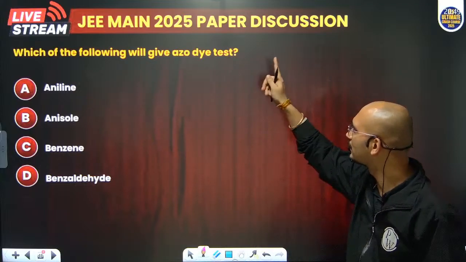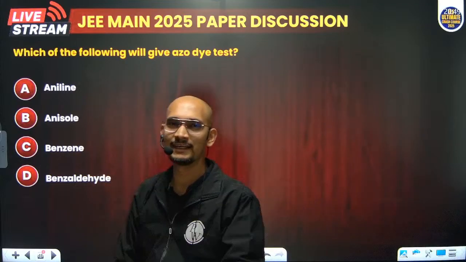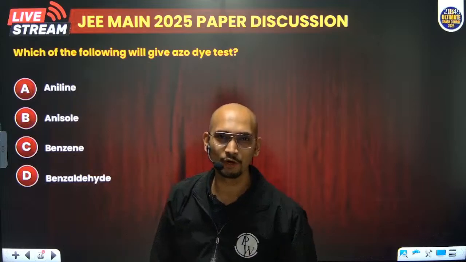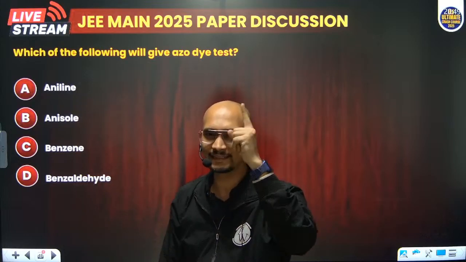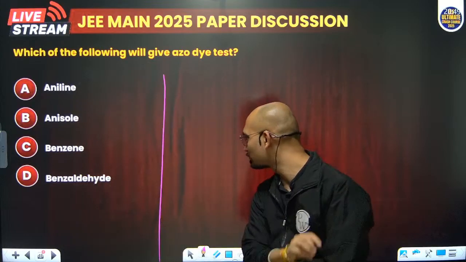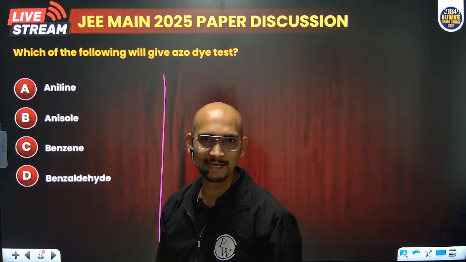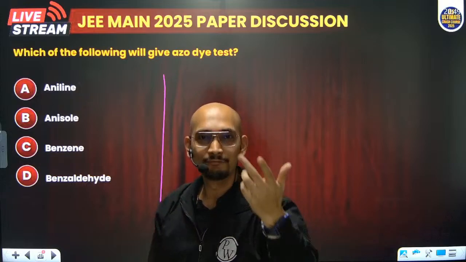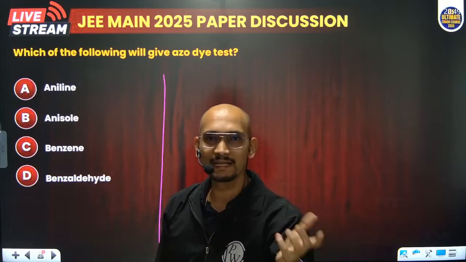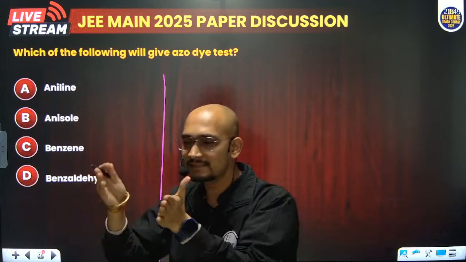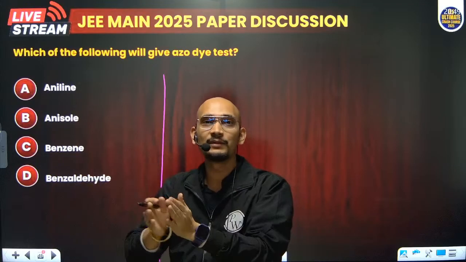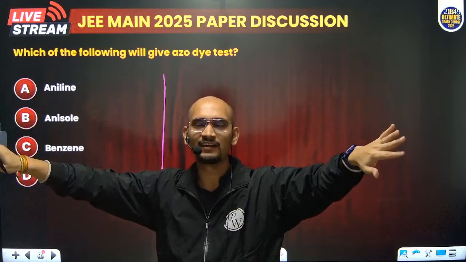Which of the following will give azo dye test? Azo dye test ke liye there should be diazonium salt formation. और diazonium salt कहाँ पे बनता है? Aniline में. Yes or no? देखो amines form the diazonium salt. But when it is aromatic amine means aniline, or when it is aliphatic amine, aliphatic amine readily breaks.